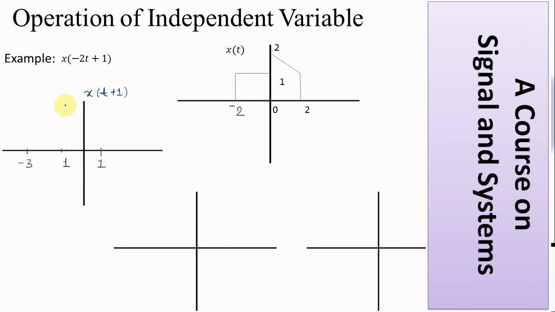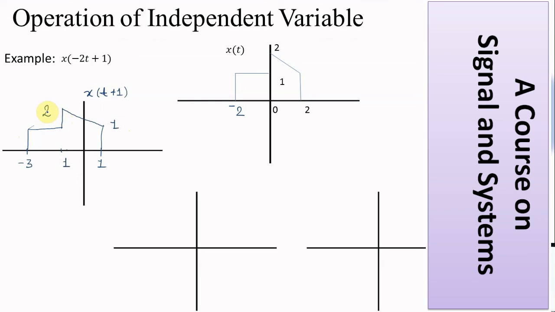In our case, it has an amplitude of 2 at 0, it will come like this and then join the x-axis, and at -2 it was of amplitude 1. It continues to be amplitude 1 till t is equal to 1. So this is my signal, which is x of t plus 1. No issues whatsoever.